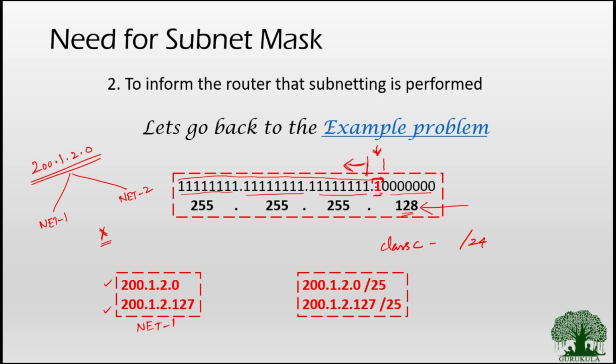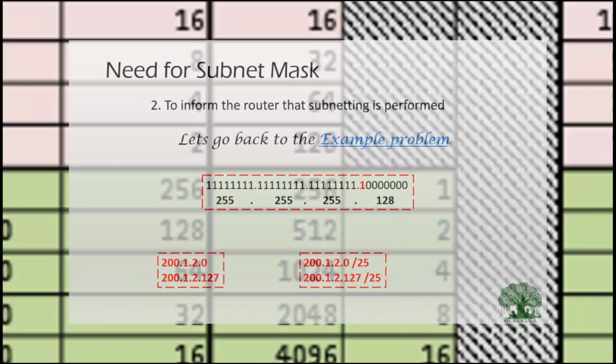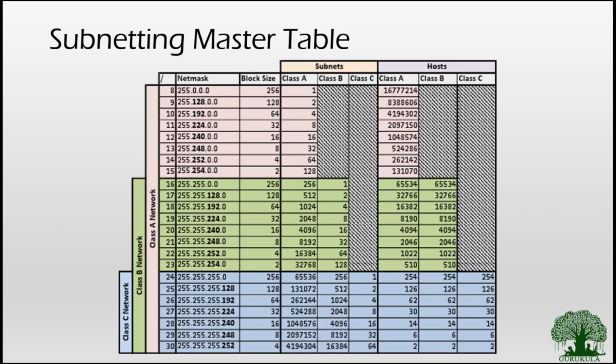Somehow we are using this bit also to represent the network. So in total we are using 24 bits plus 1 bit, which is 25 bits, to represent the network part. So /25 is represented over here. This is what we call the subnet mask, which has to be represented everywhere subnetting is performed.